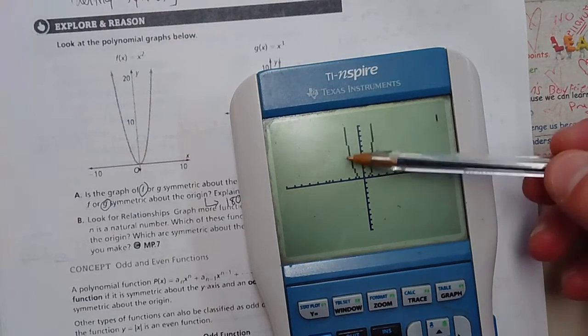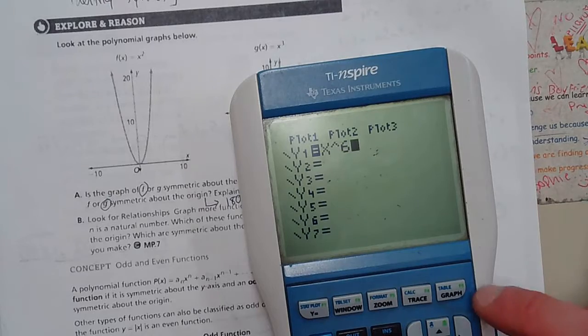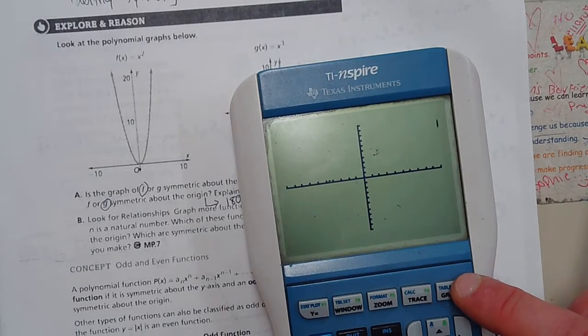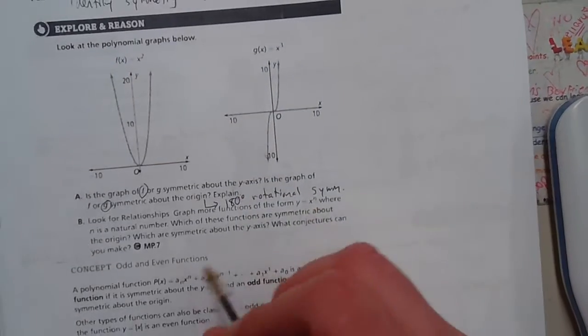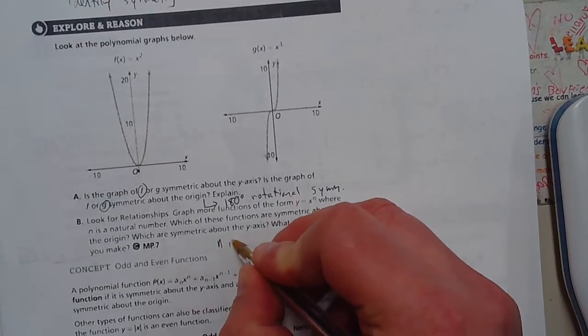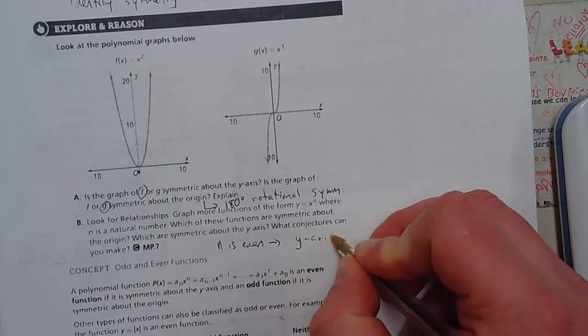So x to the fourth looks a lot like x squared. And if you remember, so does every even function. If we go x to the sixth, same deal. These are always going to have y-axis symmetry. So I would say that when n is even, you're going to get y-axis symmetry.